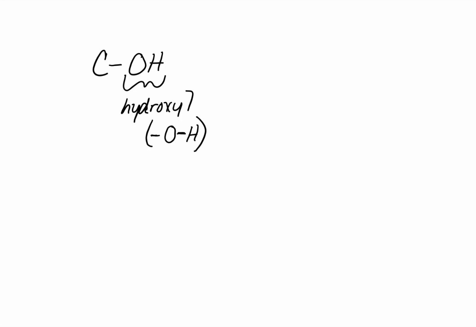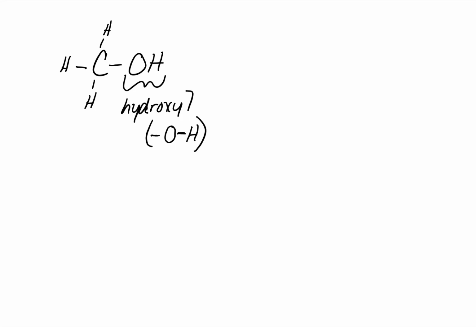Now we know carbon can make 4 covalent bonds, so I'm just going to make the other covalent bonds to hydrogen atoms. So now we have an oxygen and a hydrogen in this particular molecule, and we can apply the same concept that we just reviewed for water to this hydroxyl group. Oxygen has a higher electronegativity than hydrogen.